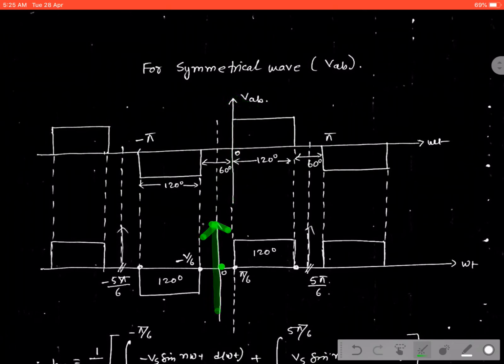So this point must be minus 30 degree or pi by 6. In the first case, suppose we assumed this is 0. Once we change the axis from this side to this side, now we can think this point is 0. And the remaining parts are the same, all in the same nature.